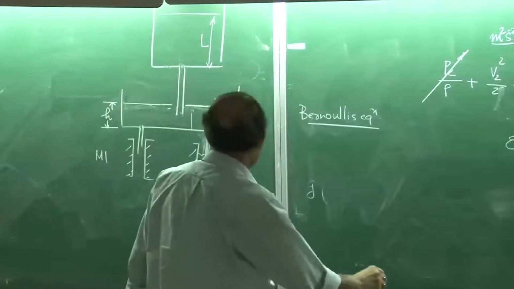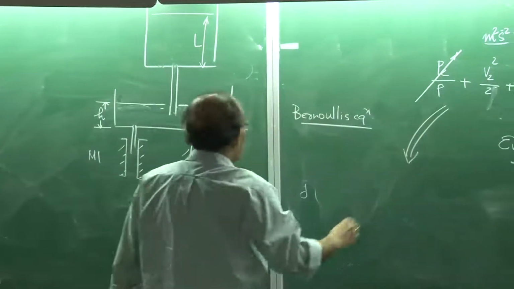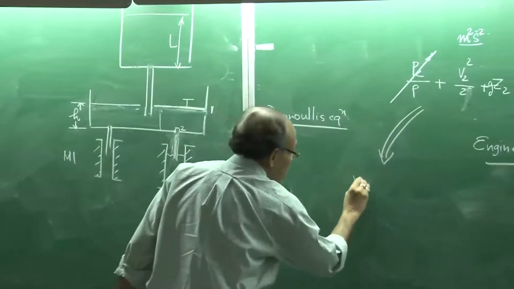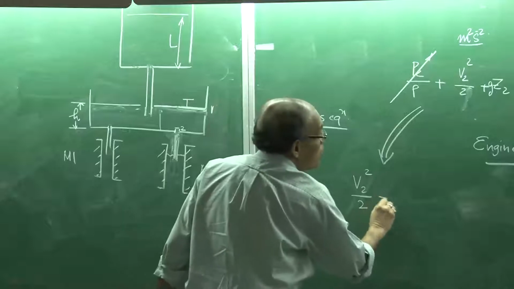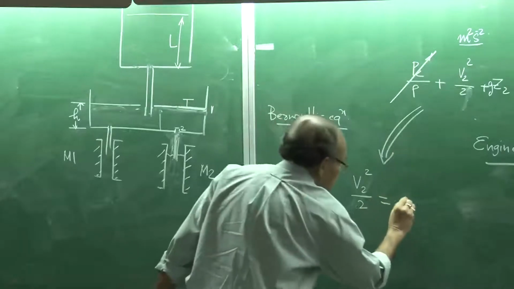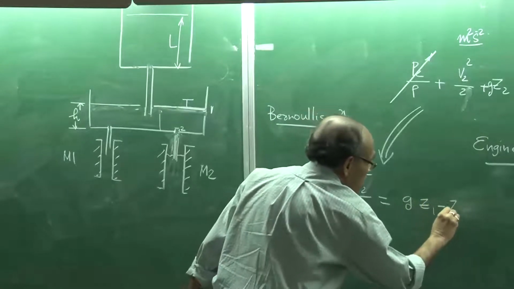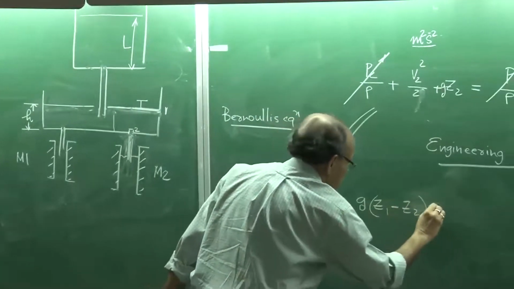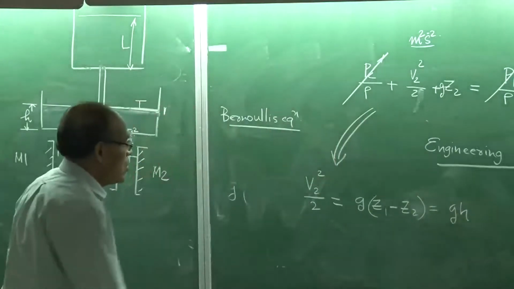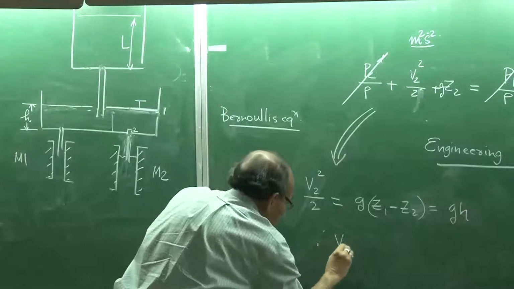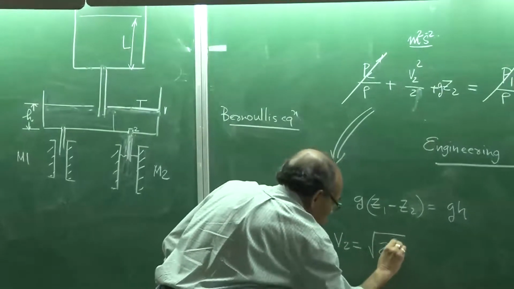So, therefore, we can say that the equation under this condition will boil down to V2 square by 2 is equal to Z1 minus Z2, or I can say V2 is equal to square root of 2g times (Z1 minus Z2).